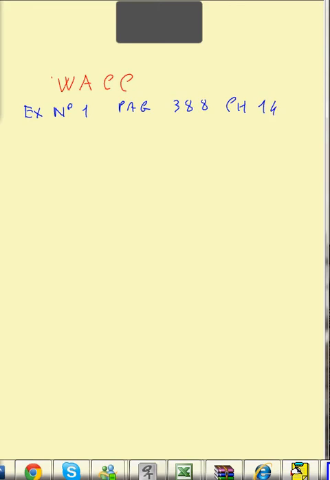Okay, in this exercise we have all the main information to compute the weighted average cost of capital. We have the case of Trident, which is a firm, and we have to consider the main data available in our exercise.